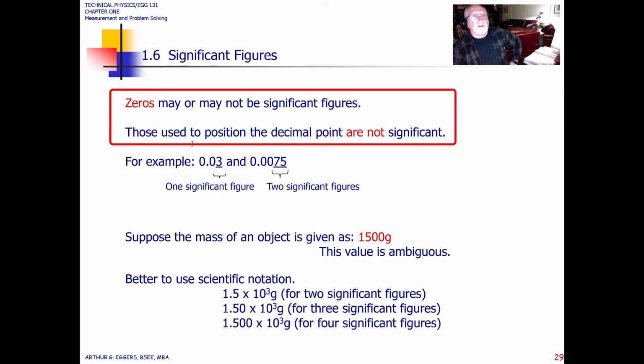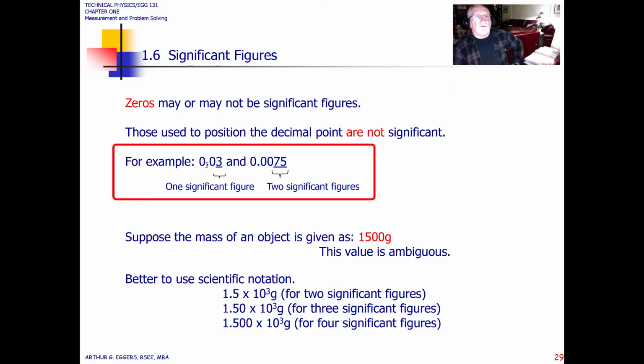In dealing with significant figures, zeros may or may not be significant figures. Those used to position the decimal point are not significant. So in these two examples, 0.03 and 0.005, in each case, the zeros are only positioning the decimal point.